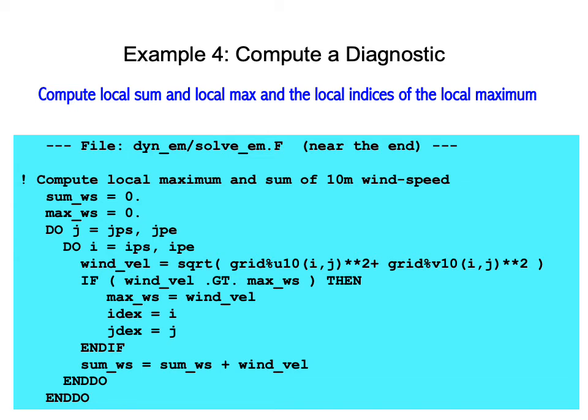If this was not an MPI job, if this was only a serial processor, we would be done. But now what we have to do is take that information from every one of our MPI processes, send that back to the master process, have the master process figure out the maximum value that's being sent to it, and have it figure out the average value that's being sent back to it.